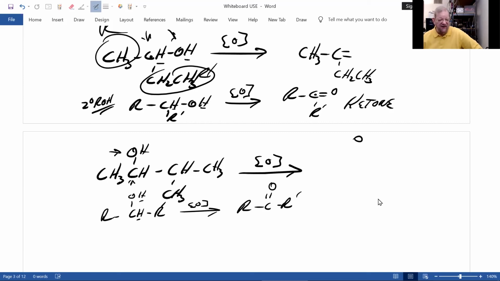Do you break carbon-carbon single bonds? No. So I have 1, 2, 3, 4 across plus my methyl. I'll still have 4 across plus my methyl. Which carbon has the hydroxyl group? It will be the carbon that's double bonded to oxygen. And there are 4 bonds to carbon, and I put in my hydrogen.